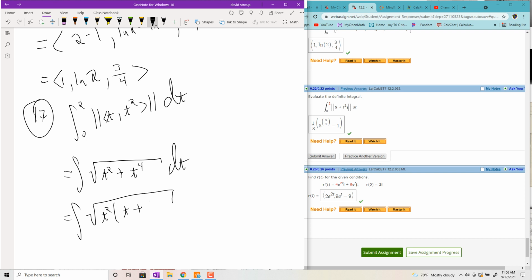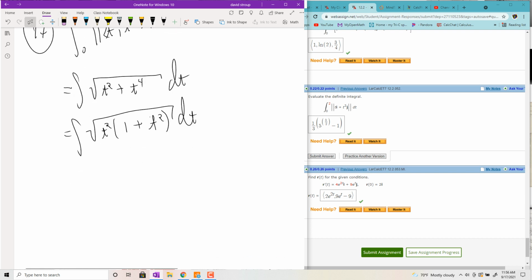Someday I'll get it. I'll get there, guys. I can cross that finish line eventually. Then the square root of t squared, because I'm on a positive interval, I can rewrite that as just t. And I have the square root of 1 plus t squared dt.